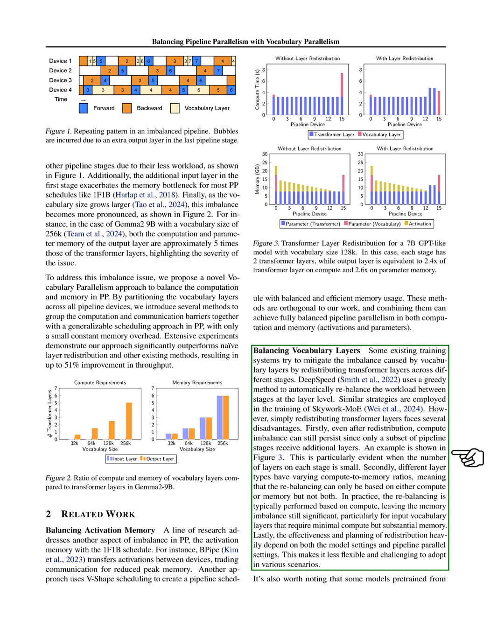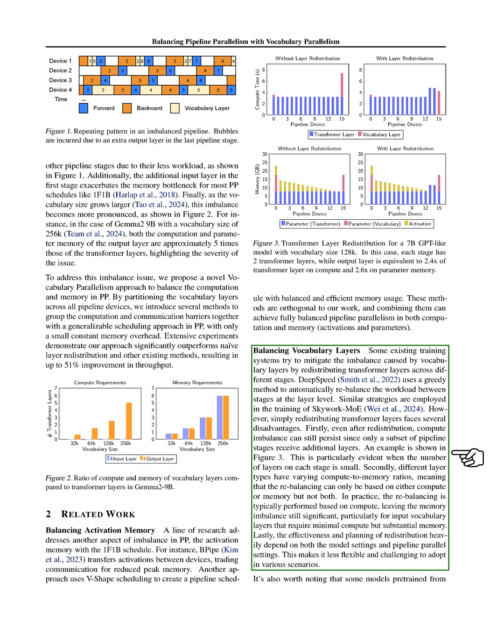Regarding balancing vocabulary layers, some training systems attempt to address the imbalance by redistributing transformer layers across stages. DeepSpeed, for instance, uses a greedy method to automatically balance workloads at the layer level. However, simply redistributing layers has drawbacks. Even after redistribution, compute imbalance can persist, especially when the number of layers per stage is small.